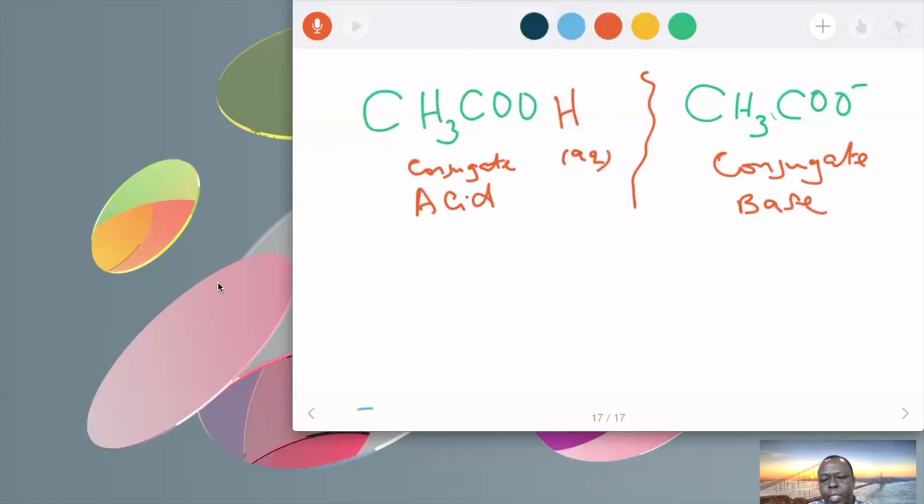When one prepares a buffer, pick two substances which are a conjugate acid base pair. And if you make equal concentrations of, let's say, acetic acid and its conjugate base, you end up with what we call a buffer solution.